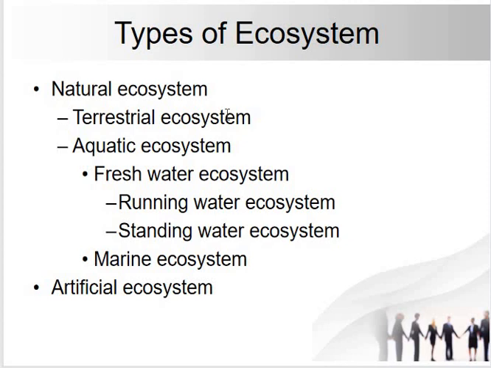Aquatic ecosystem is related to water. Aquatic ecosystems are further divided as freshwater and marine ecosystems. Only 3% of the world's water is fresh. 99% of this fresh water too is either frozen in glaciers or is buried in aquifers. The remaining is found in lakes, ponds, rivers and streams.